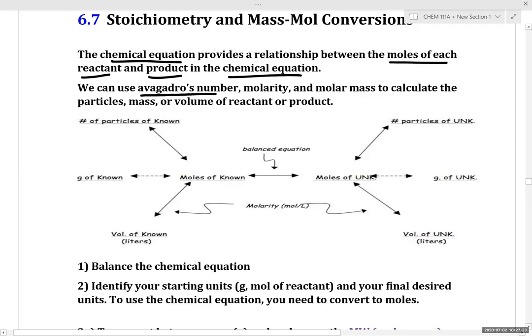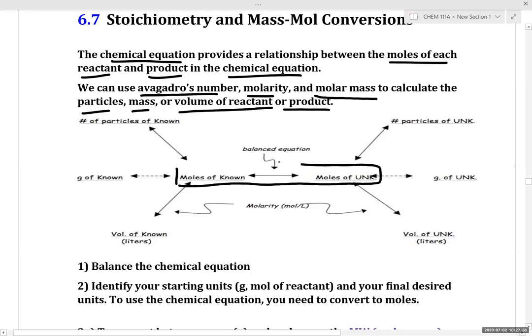We can use Avogadro's number, molarity, and molar mass to calculate the particles, mass, or volume of reactant or product. If you want to use a chemical equation or a formula, you need to be in units of moles. Once you have units of moles, you can go to grams, particles, or volume using all the different conversion factors that we've learned.